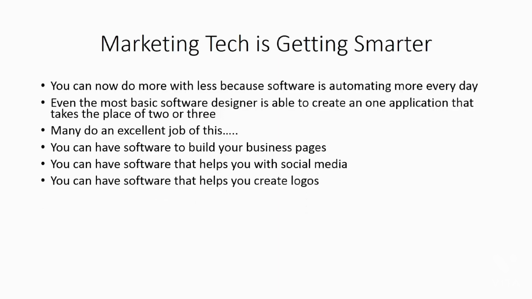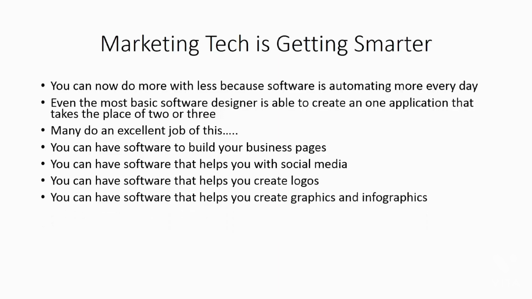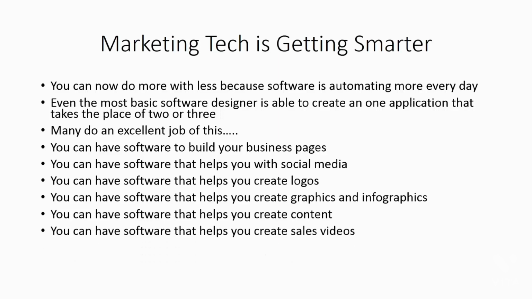You can have software that helps you create a logo all by itself, software that helps you create graphics and infographics, and software that helps you create content from scratch. You can have software now that helps you create sales videos. Pretty amazing, right? You used to have to do all of these things manually. You can have software that automates the payment process, and this is what really makes things exciting about where we're going in marketing technology, where we're going as online marketers, as entrepreneurs and business owners.